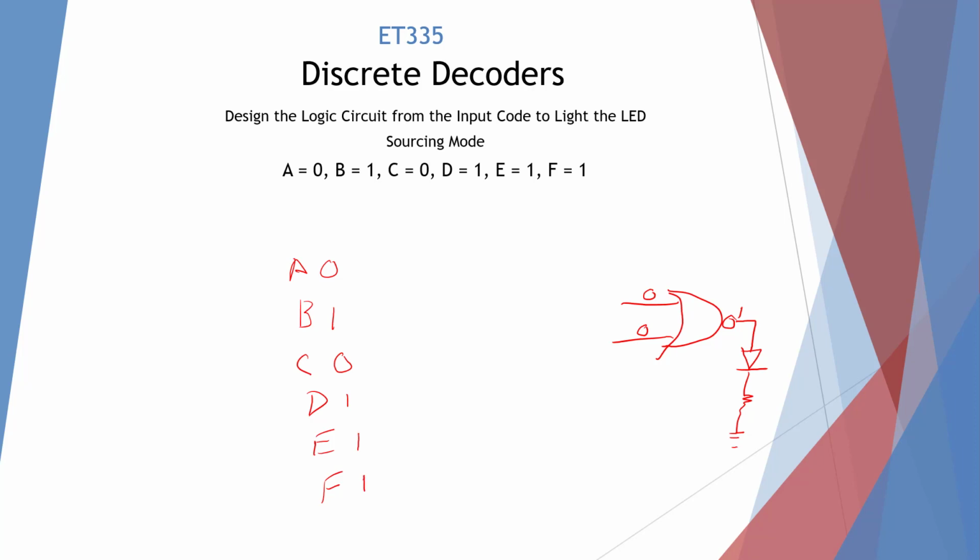So let's start with a NOR gate. 0, 1, and we'll take C, move them up there, and that's also going to be a 0, and let's use a NAND gate. So we got a 1 out of there and a 0 out of there.